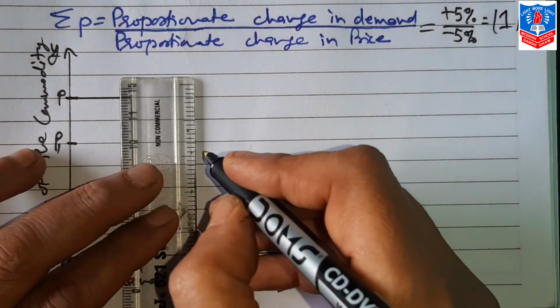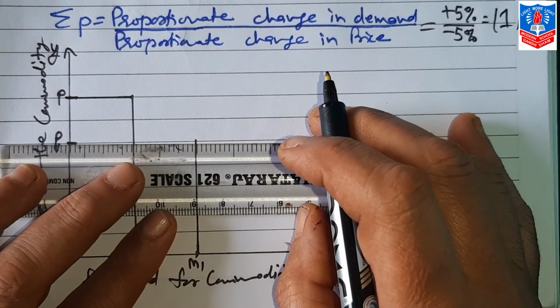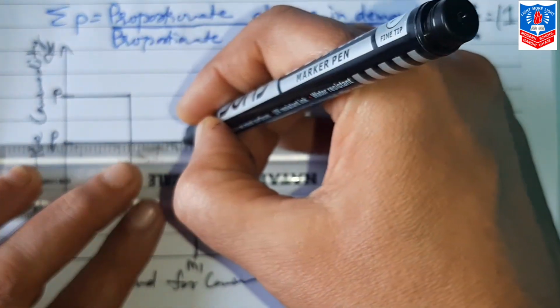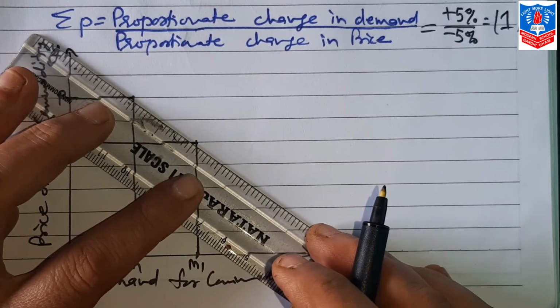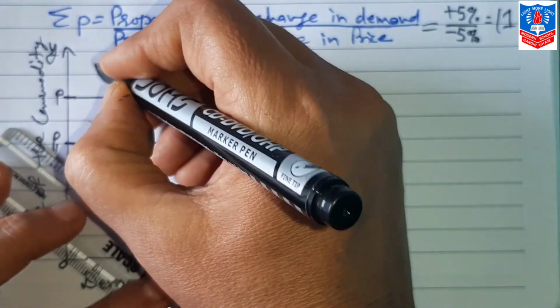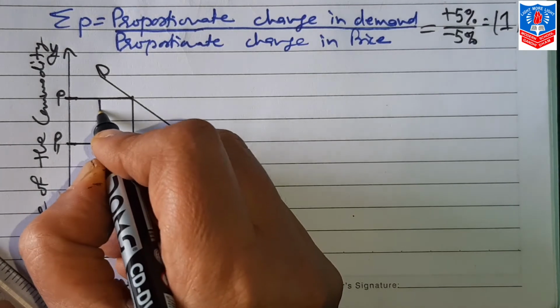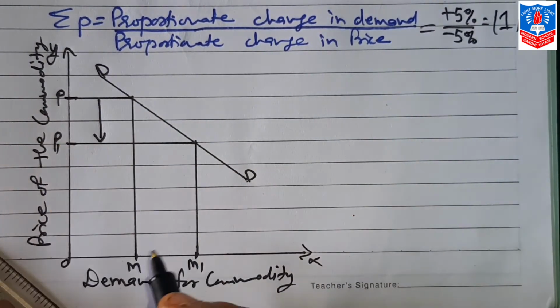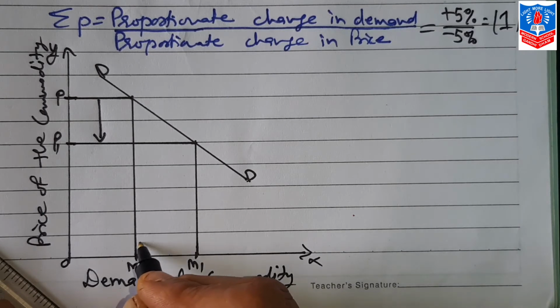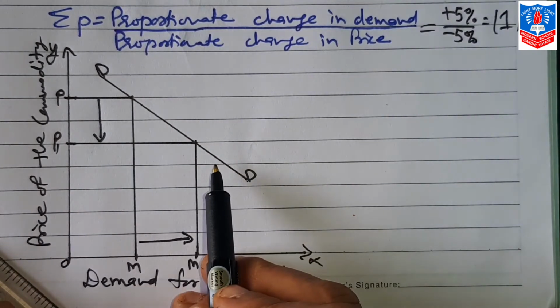Now when you join these two points, we get the demand curve, and we give it the name DD. Now here you can see in what proportion there is a decrease in the price, in the same proportion there is an increase in the demand, that is from point M to M1. That is why in unitary elastic demand we get the demand curve this way.